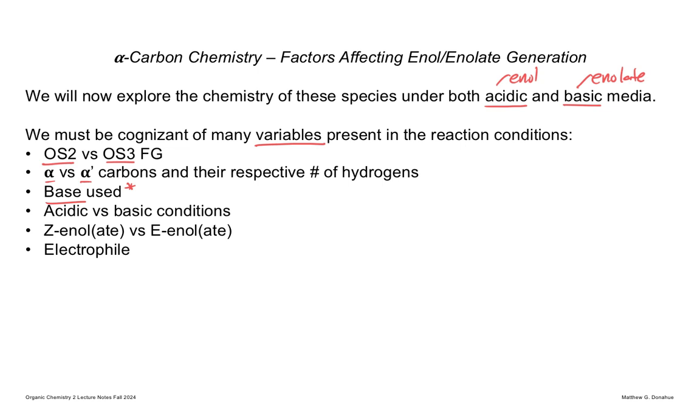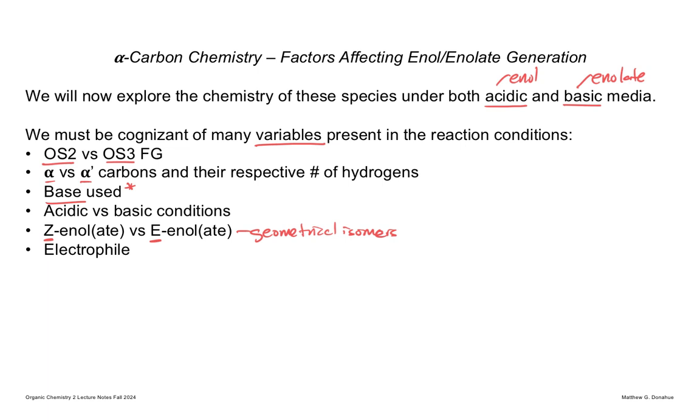Acidic basic conditions, the geometrical isomer. So again, the base will help determine which one of those is favored.